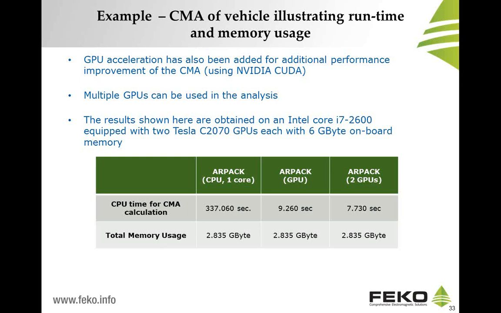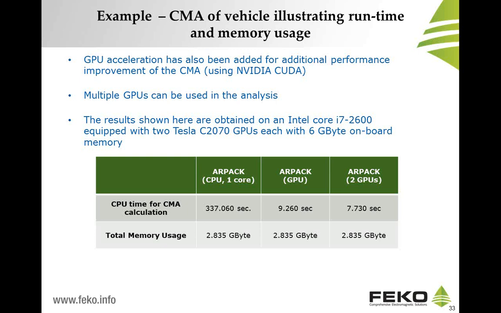And something that is also fundamentally inherent in an eigenvalue solver is the use of GPU acceleration, which has also been added to our technique to obtain answers much more quickly. Illustrated in this table is the effect of applying, say, a Tesla GPU to calculating the first 4 modes of the vehicle type structure.